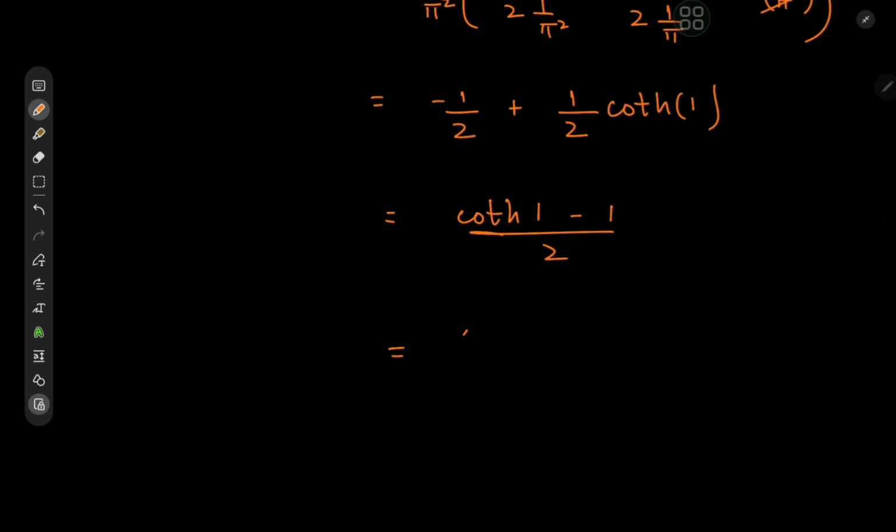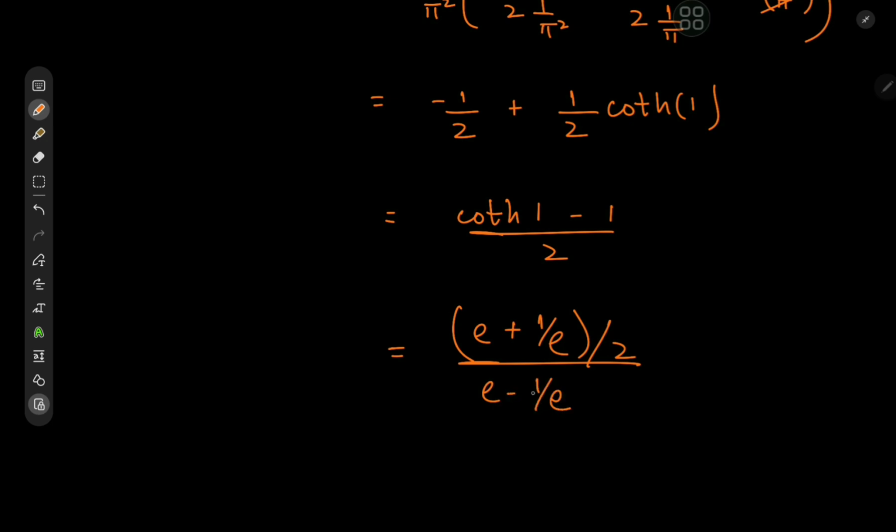Hyperbolic cotangent means we have hyperbolic cosine of 1 divided by hyperbolic sine of 1. And hyperbolic cosine is e to the x, in this case 1, plus e to the negative x, which is e to the -1 in this case. So we have 1 by e, and this is divided by 2, but of course we'll have some cancellation because of the sinh function downstairs.